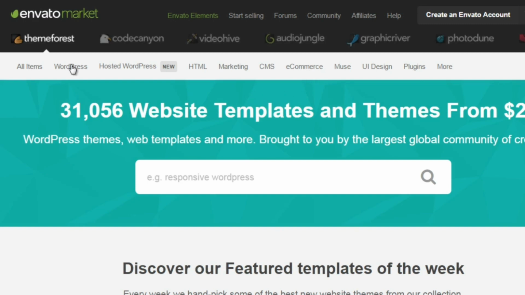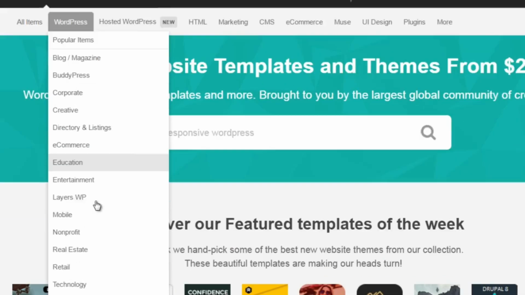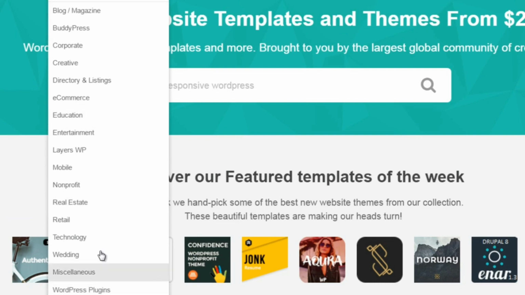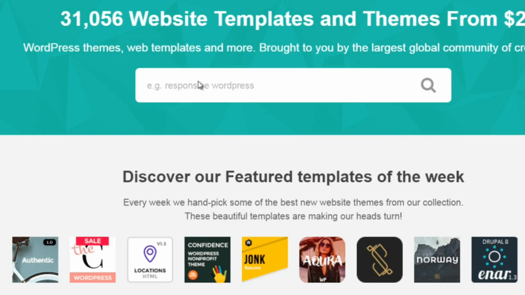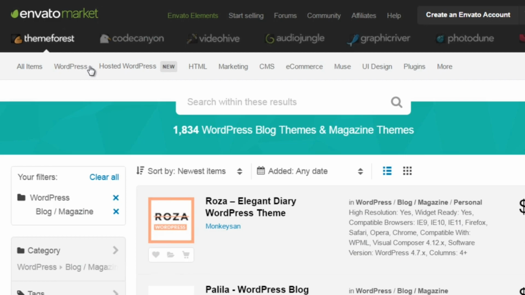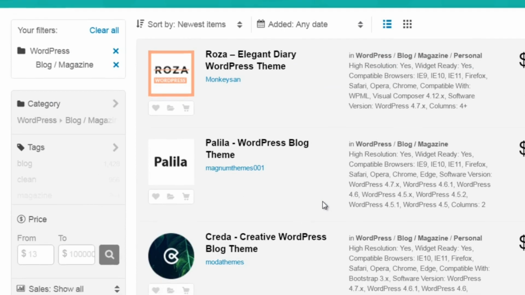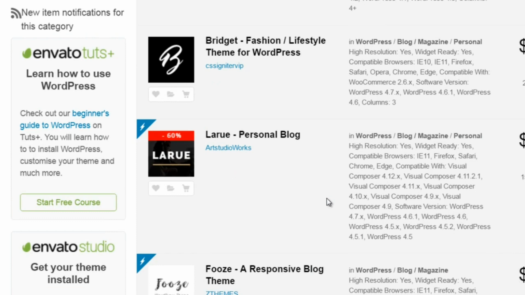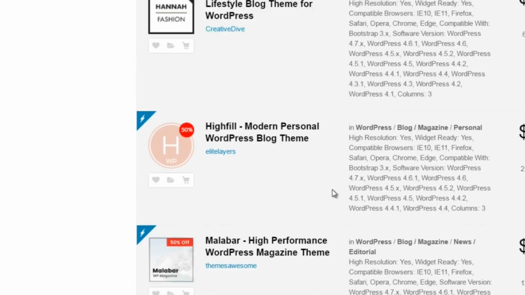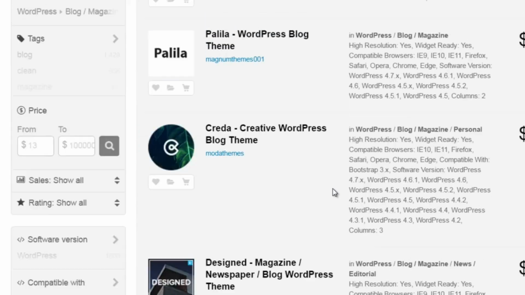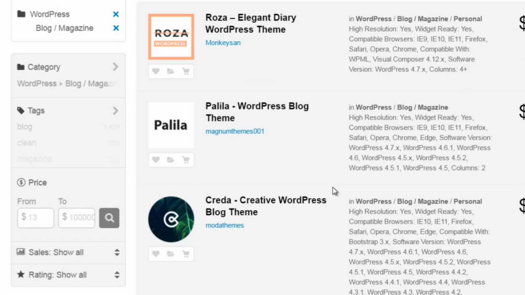If you go under WordPress, you can actually find different themes that relate to different markets. For example, we have blog and magazine. And just because it says blog does not necessarily mean you have to use that theme. You can use a theme that is related to other different markets as well. As you can see, it ranges from about $20 to about $54 per theme.